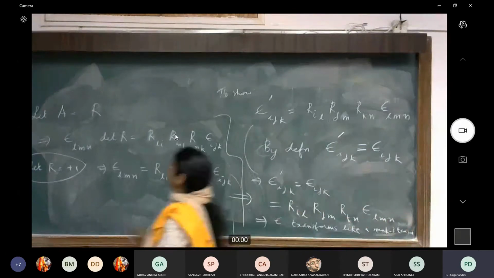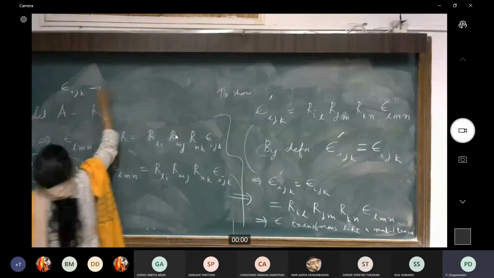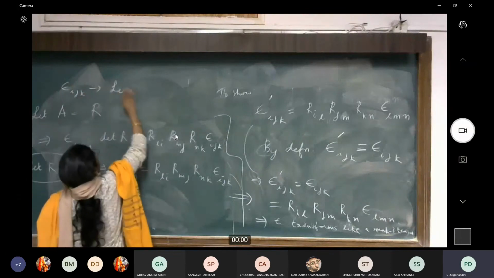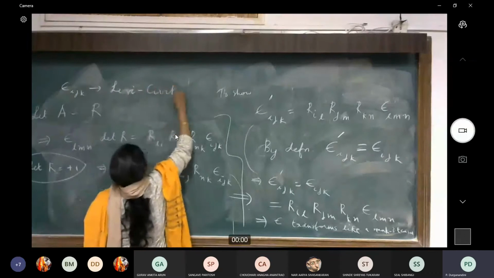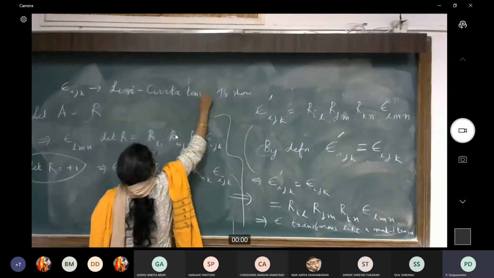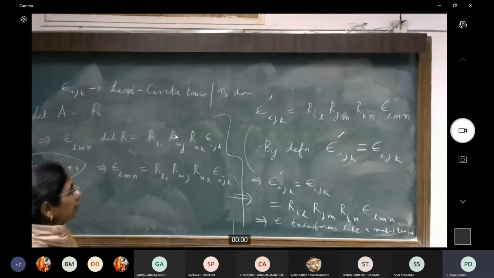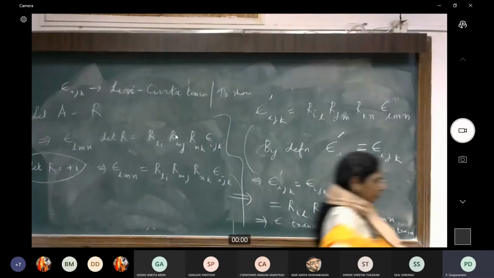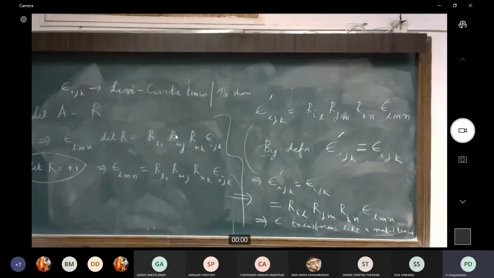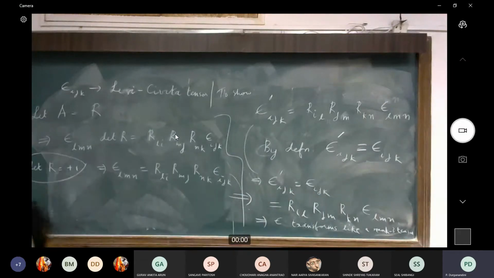So this epsilon ijk, we will call a Levi-Civita tensor now. It's a third rank tensor. Okay. And again, it has the property that its components are completely independent of which coordinate axis you have chosen. And again, I want to emphasize that I have taken rotation transformations with determinant R equal to +1.